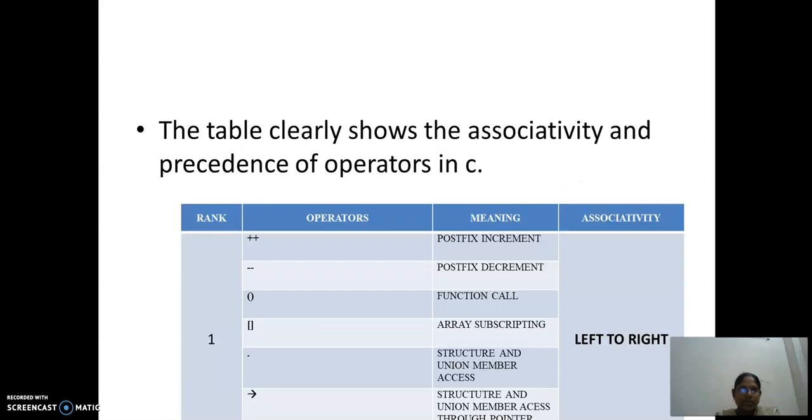And here is the table clearly showing the associativity and the precedence. The first rank goes to these operators: postfix increment, postfix decrement, function call, array subscript, structure member and structure to pointer. These have associativity from left to right.